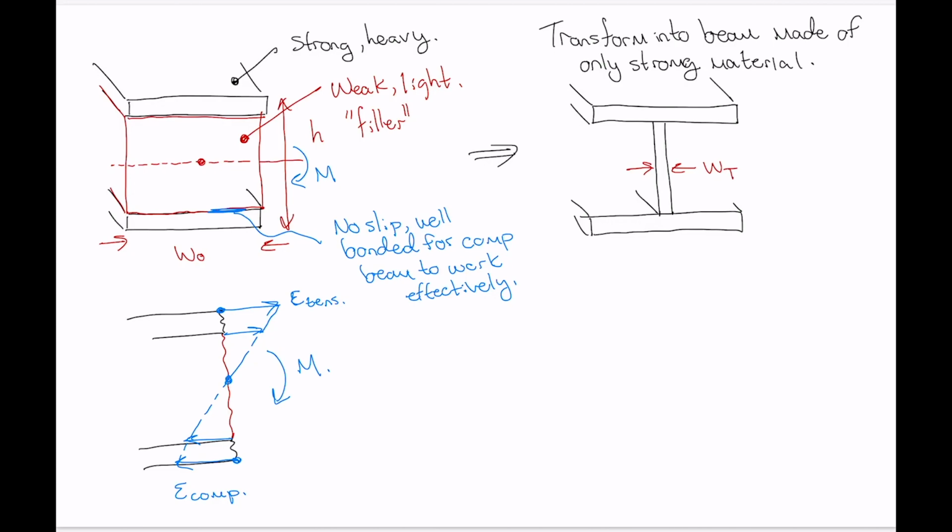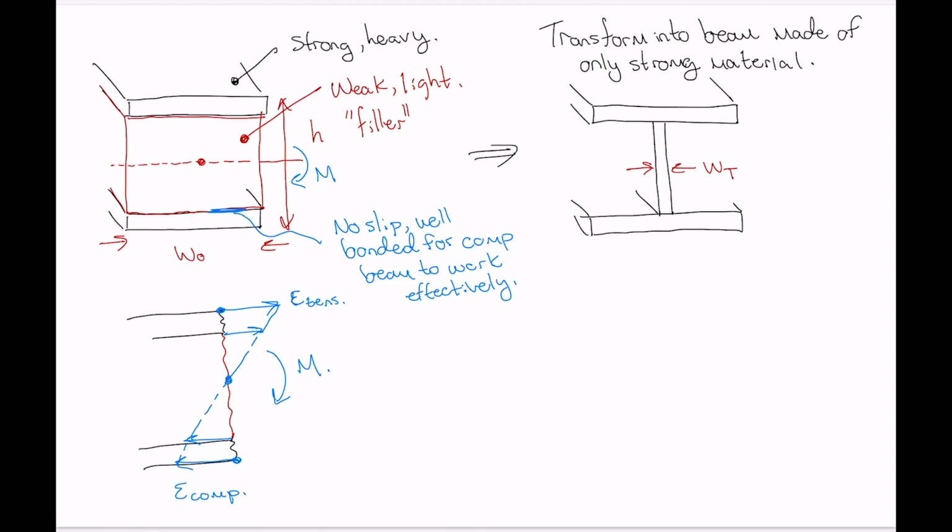If the high-strength material on the top and the bottom aren't well bonded to the filler material, then both of those pieces of high-strength material are just going to rotate about their own centroidal axes instead of the centroidal axis of the whole combined cross-section, which is going to defeat the purpose of the composite beam, and it's going to be equivalent to the situation that we started with, where we had no filler material in there and greatly reduced height.